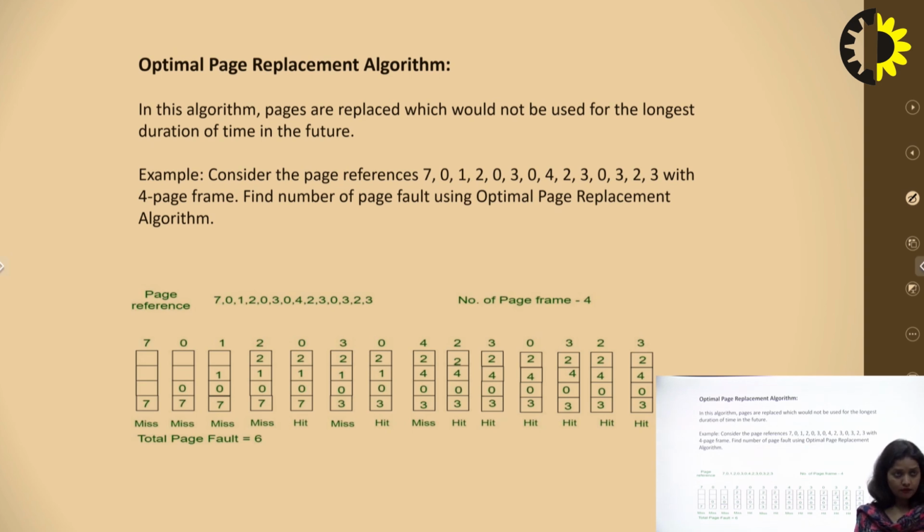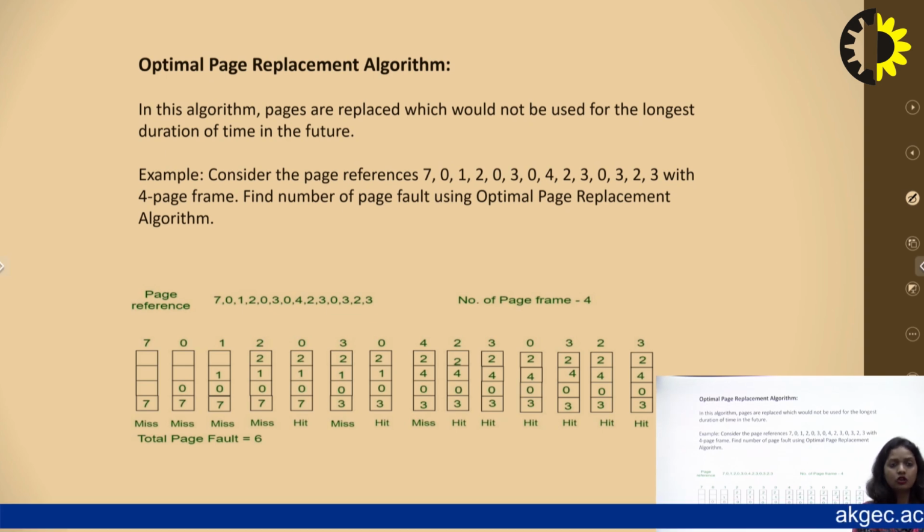One drawback of the optimal page replacement algorithm is that we need to know the complete string in advance whenever we implement this algorithm. If we want it to run dynamically for a dynamic string, it is not really possible.